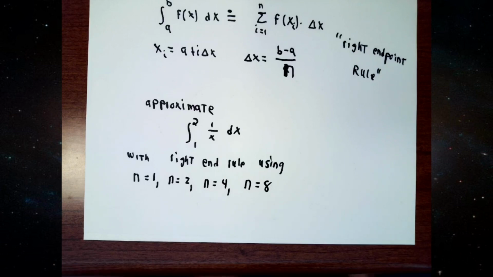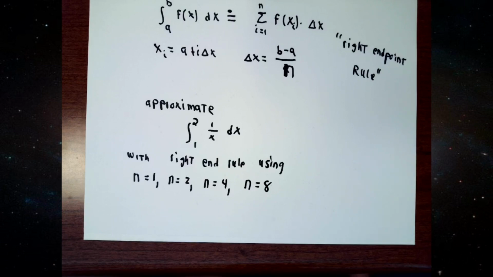I want to illustrate what I'm talking about here by approximating the integral from 1 to 2 of 1 over x dx using this right endpoint rule. Using various values of n, I want to do n equals 1, 2, 4, and 8. I'm going to do some examples in which each example has twice as many subdivisions as the previous one.